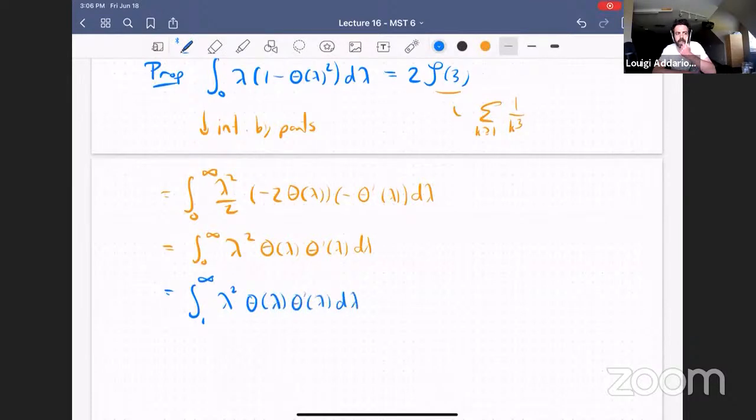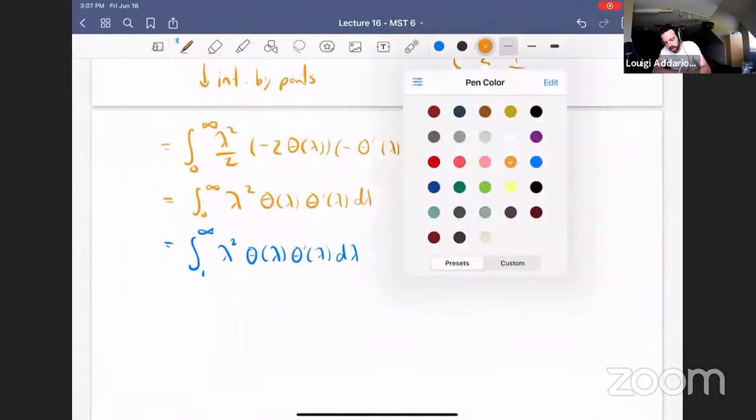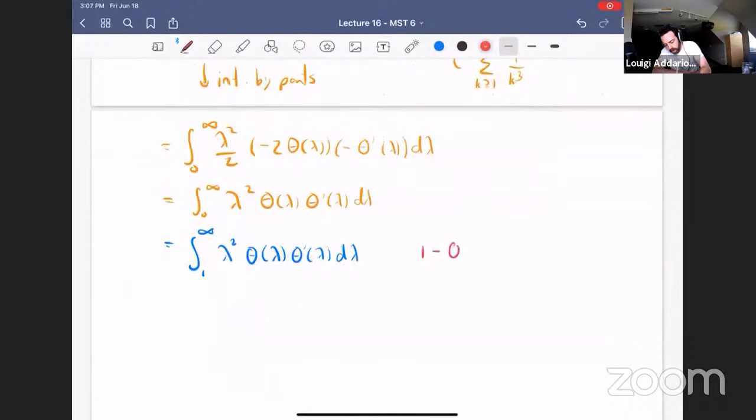Okay, and now I'd like to use the defining identity to rewrite lambda here. So 1 minus theta lambda is e to the minus lambda theta lambda. Let's take logs.